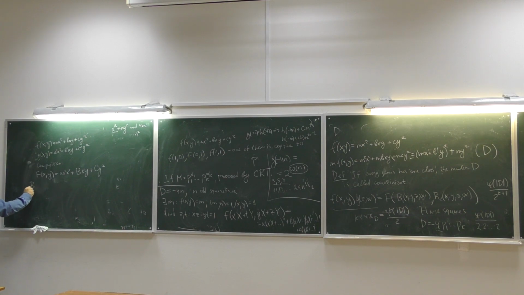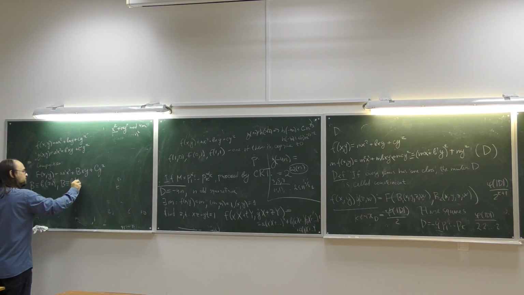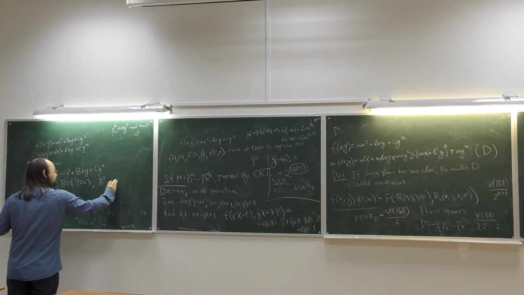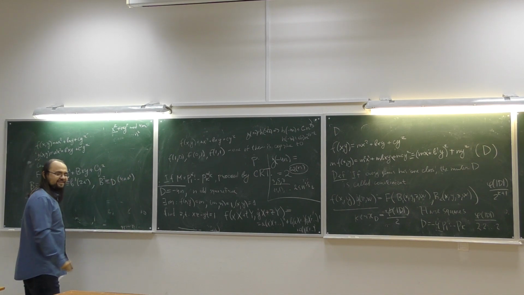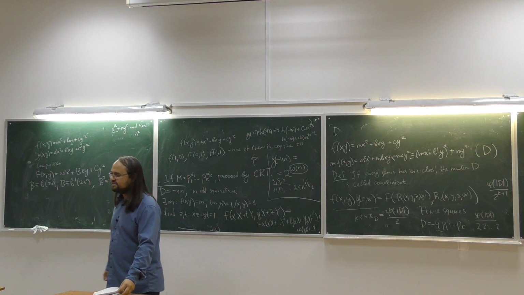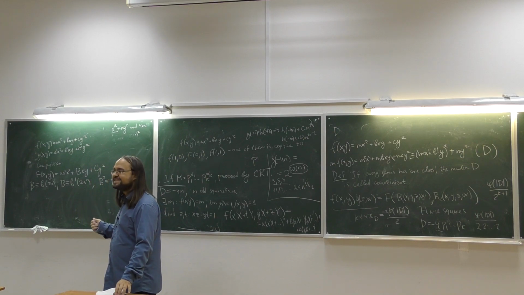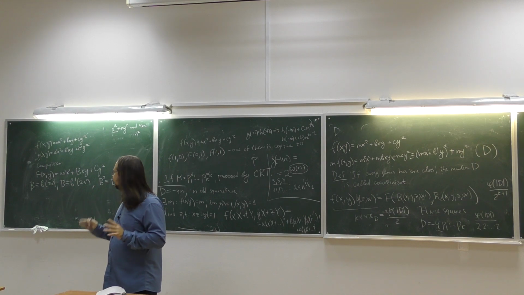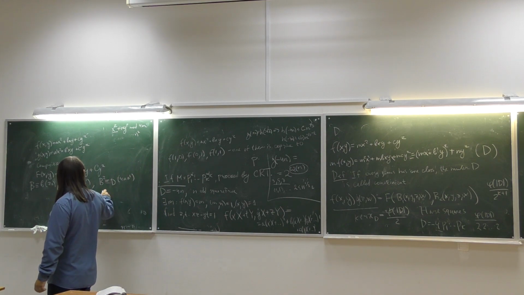Here B is congruent to b modulo 2a. B is congruent to b prime modulo 2a prime. And B squared is also congruent to D modulo 4a prime. It turns out that if your forms are sufficiently primitive, I mean, if there are some conditions on greatest common divisors, then you can find such a B, and of course, D is the discriminant.